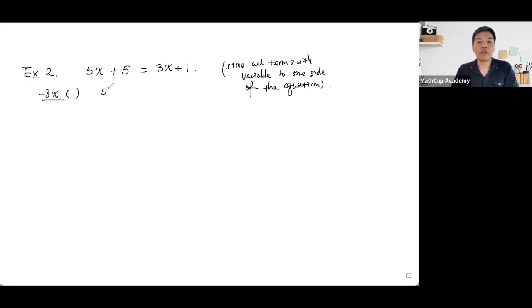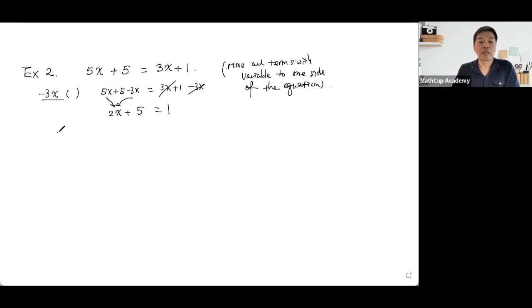And we got 5x plus 5 minus 3x equals 3x plus 1 minus 3x, right? Still, equation holds. Now, minus 3x, we're getting rid of the 3x on the right side of the equation. We get 2x plus 5 equals, 5x and minus 3x together, the like terms, and we get 2x.